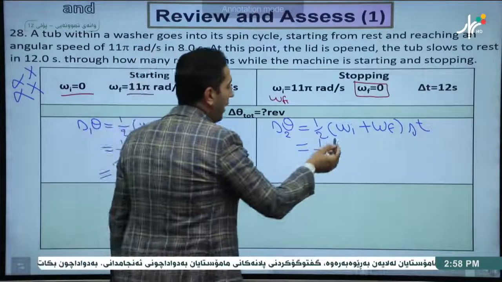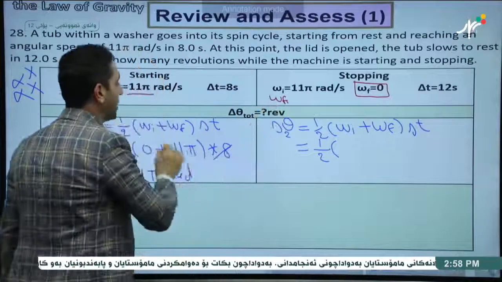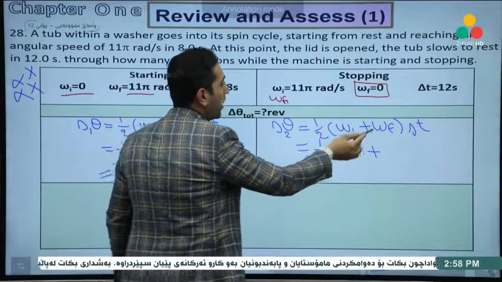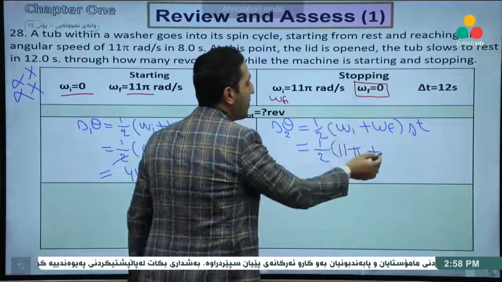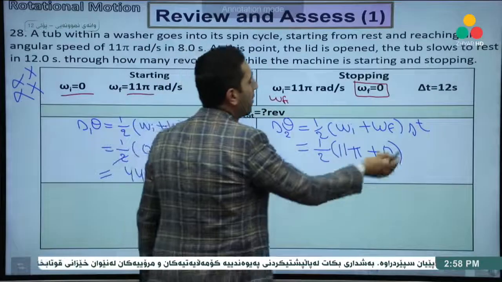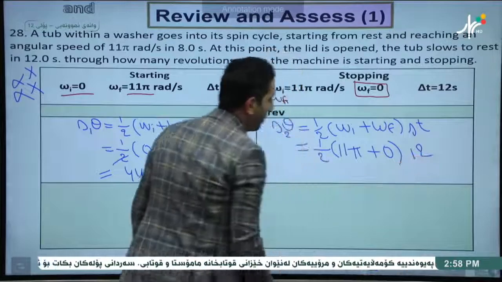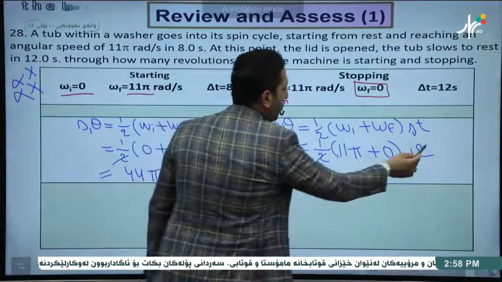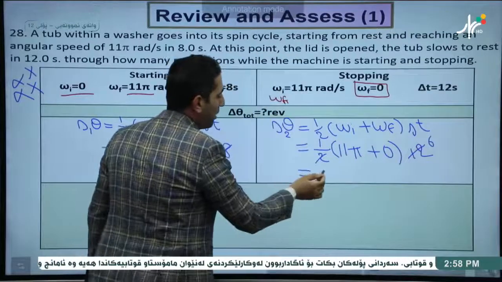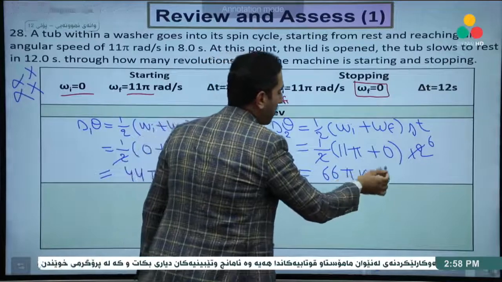Omega initial is the omega final for starting, 11 pi, plus omega final for stopping, which is 0. Delta t is 12. 2 with 12 cancelled by 6. 6 times 11 is equal to 66 pi rad.